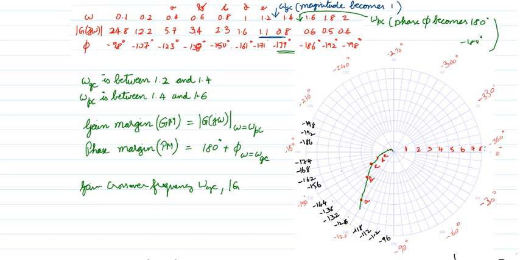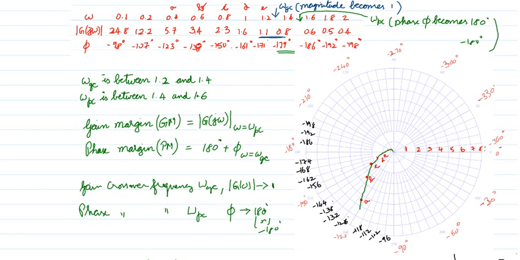The magnitude of G(j omega) becomes 1. That is the gain crossover frequency. Phase crossover frequency omega pc is where the angle becomes 180; 180 and minus 180 are both the same, right? That is your phase crossover frequency.